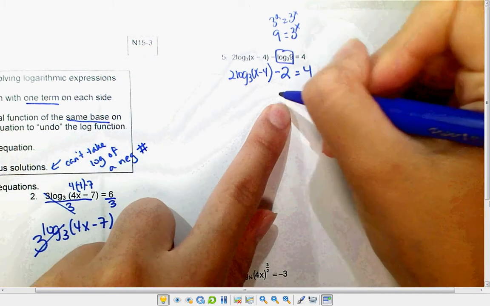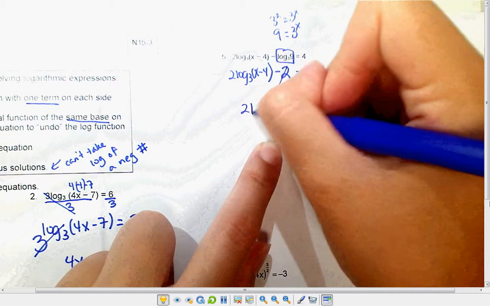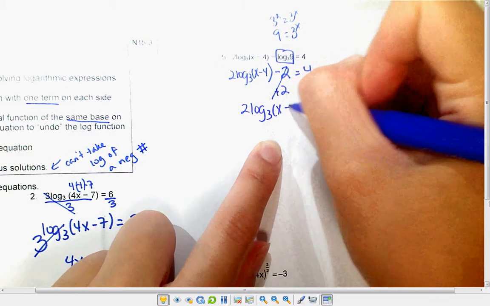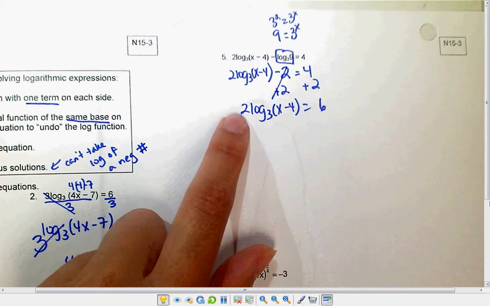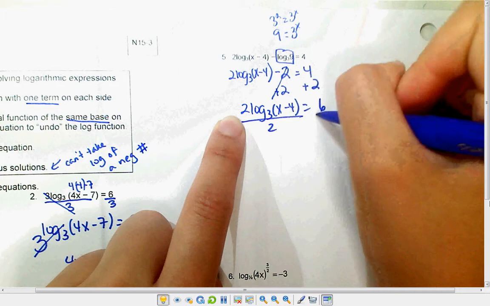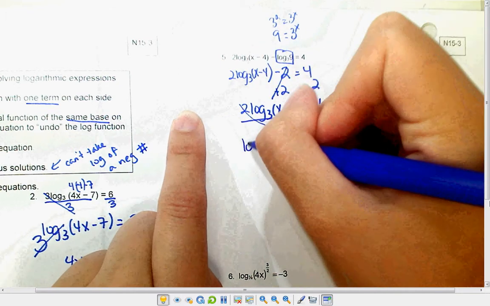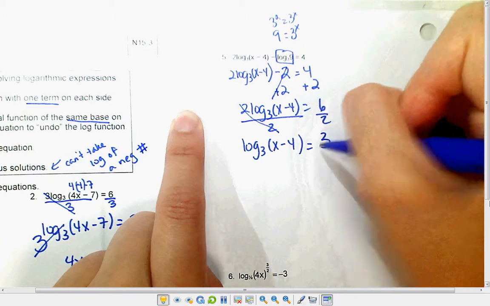I always start with the outside when we're undoing, so I'm going to add 2 to get rid of this. 4 plus 2 is 6. And now I need to get rid of this 2 in the front. I'm going to divide by 2. Gives me 3.